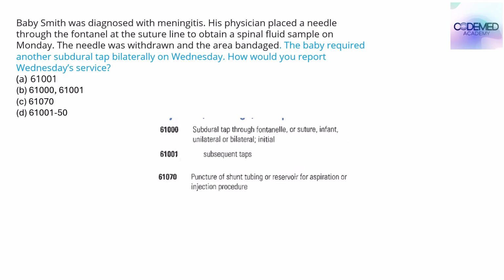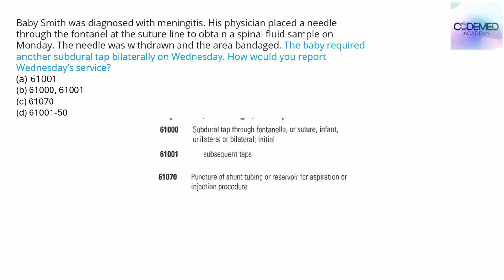Now if you see the code, it is 61000. It is a subdural tap through the fontanelle or suture, infant, unilateral or bilateral. 61001 is a subsequent tap, and 61070 is a puncture of the shunt tubing. So definitely there is a tap, no shunt, so we can eliminate option C. Now between A, B and D: option B talks about the initial tap and then the subsequent tap.